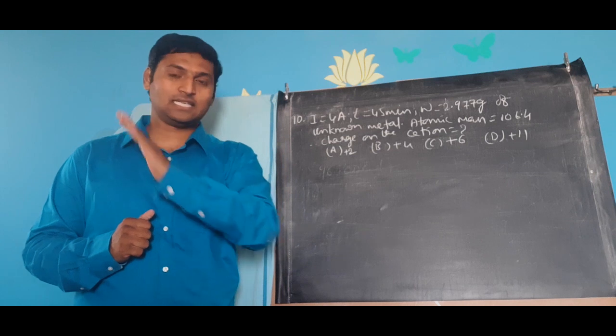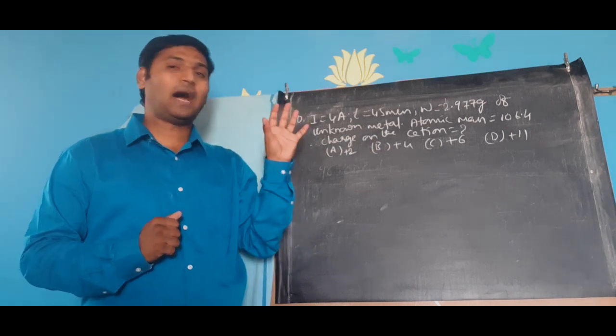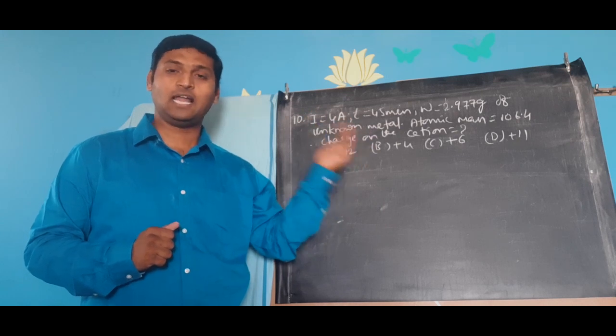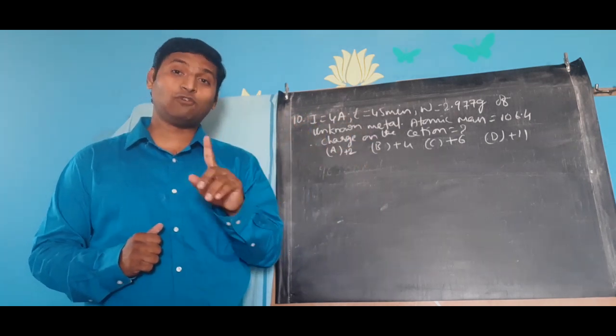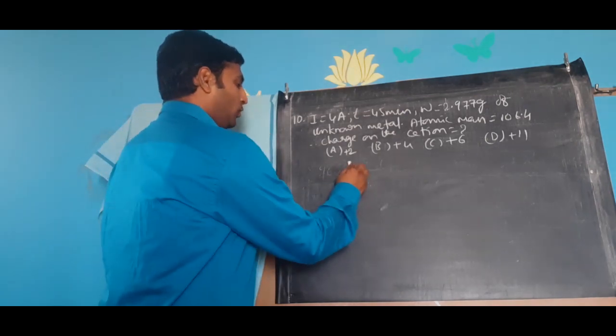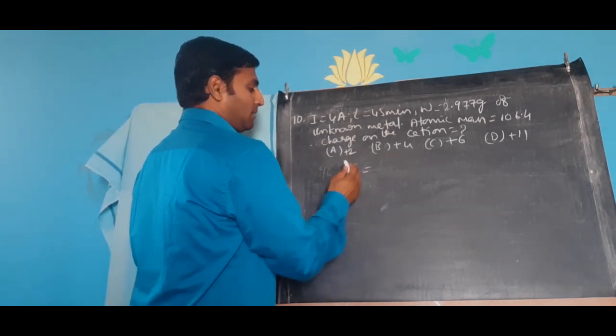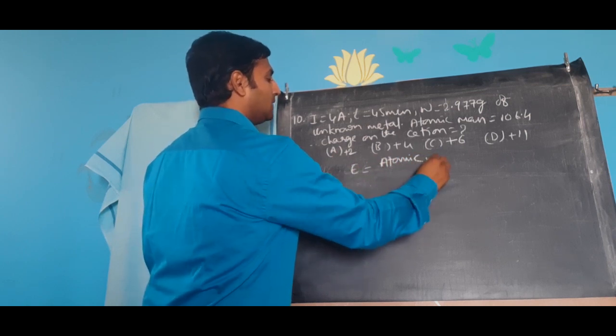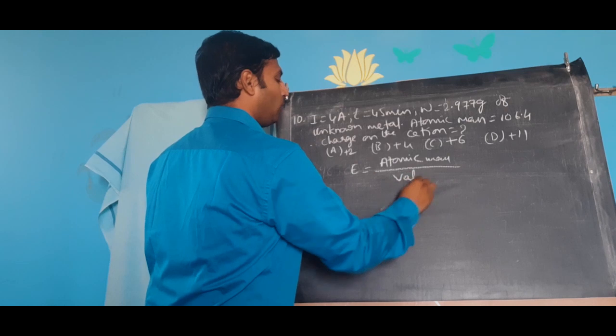Now the logic is simple. Which part of our total discussion of electrolysis or Faraday's laws of electrolysis involves valency? Yes, it is equivalent mass. You know very well equivalent mass is equal to atomic mass divided by valency.